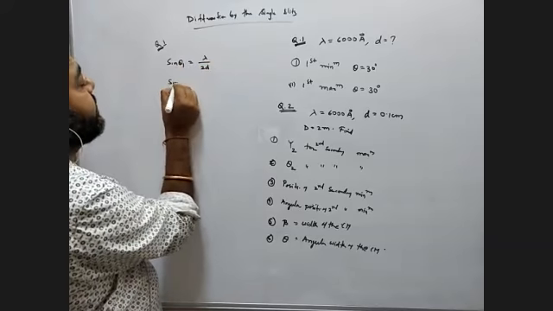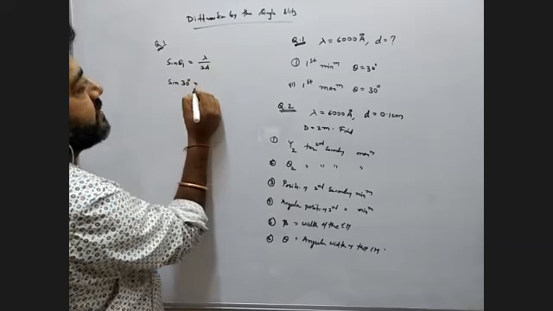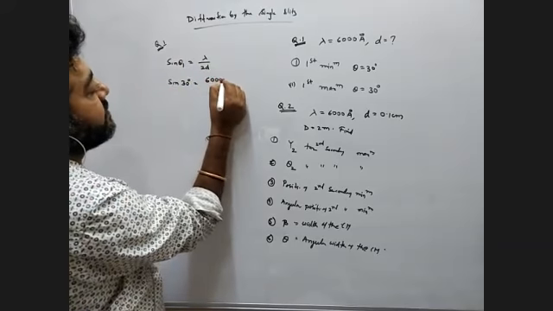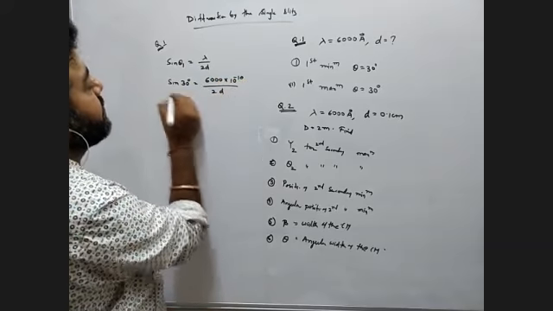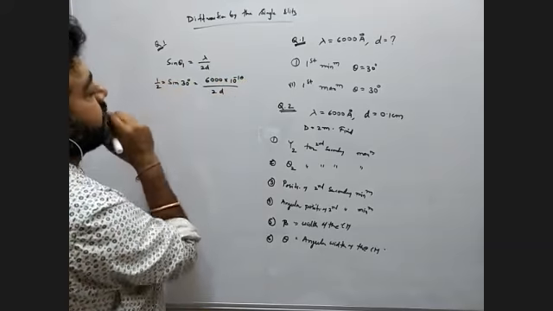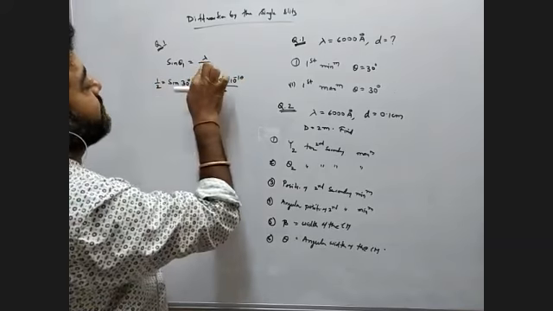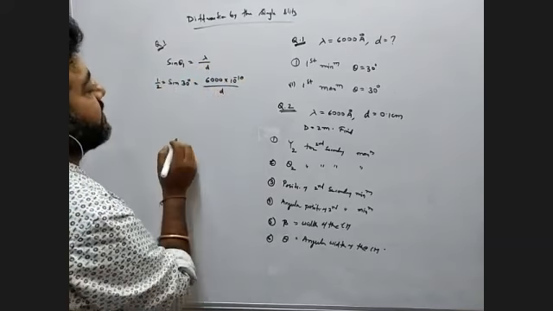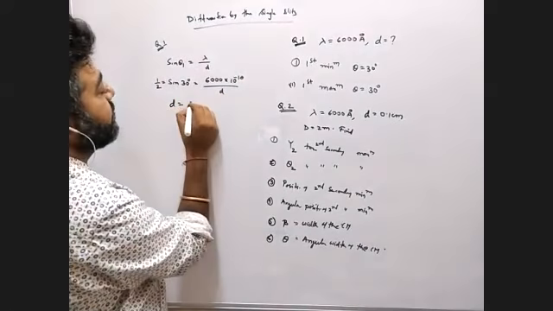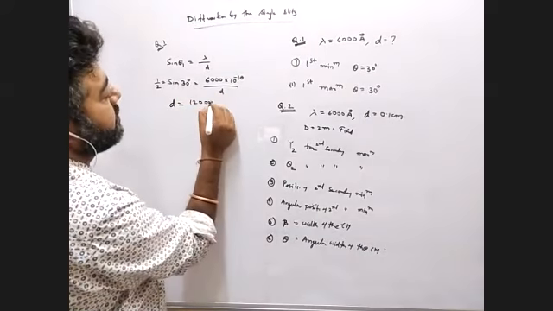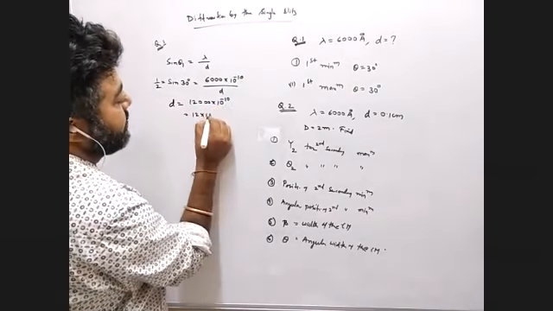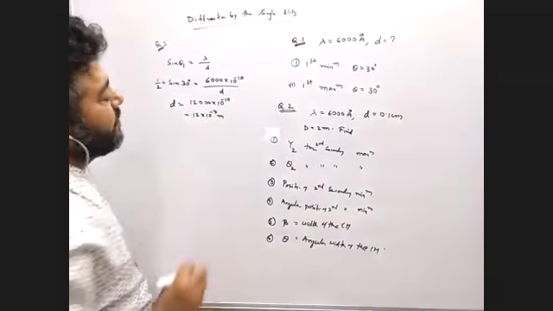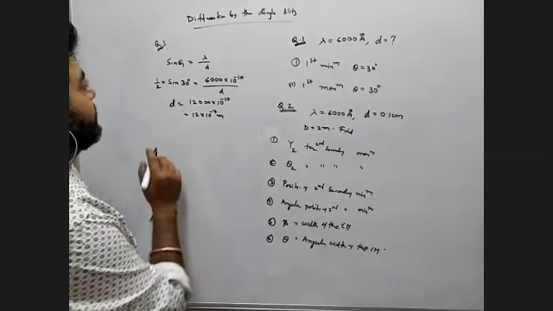Sine 30 degree, that is lambda is 6000 angstrom means 10 to the power minus 10 by 2d, that is 1 by 2. Now lambda by d, that is d is equal to 12,000 into 10 to the power minus 10, that is 12 into 10 to the power minus 7 meter, or 1.2 into 10 to the power minus 6 meter. Very good.